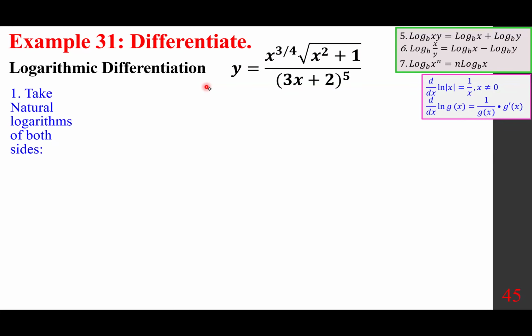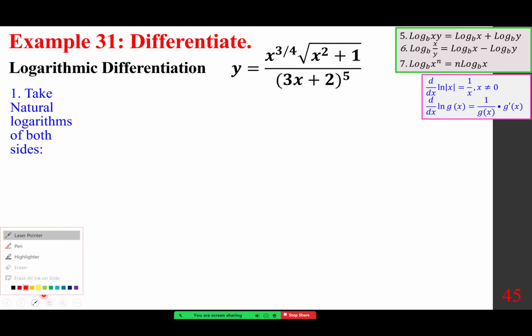So first, I'm going to write this as x squared plus 1 to the power of 1/2. So what is the composition of this? We have log of this plus log of this minus log of that.